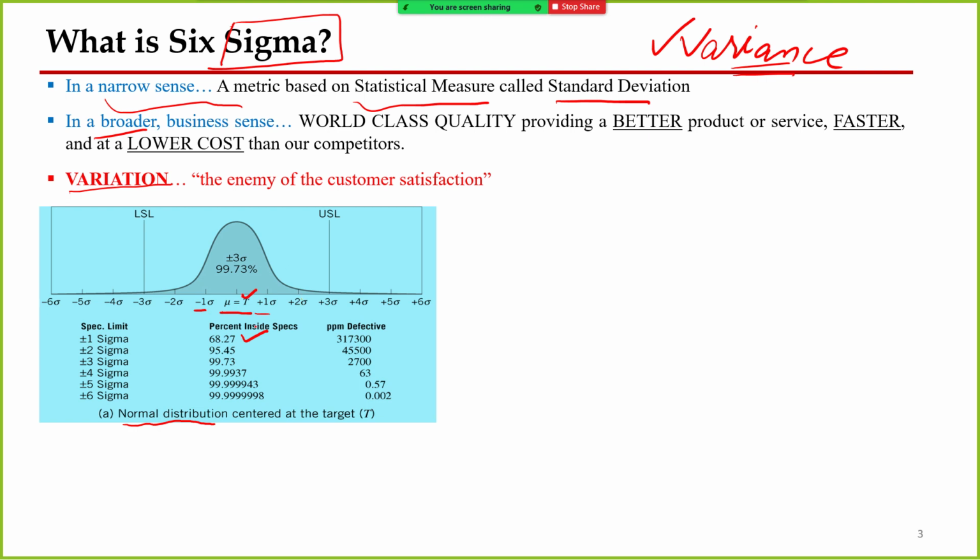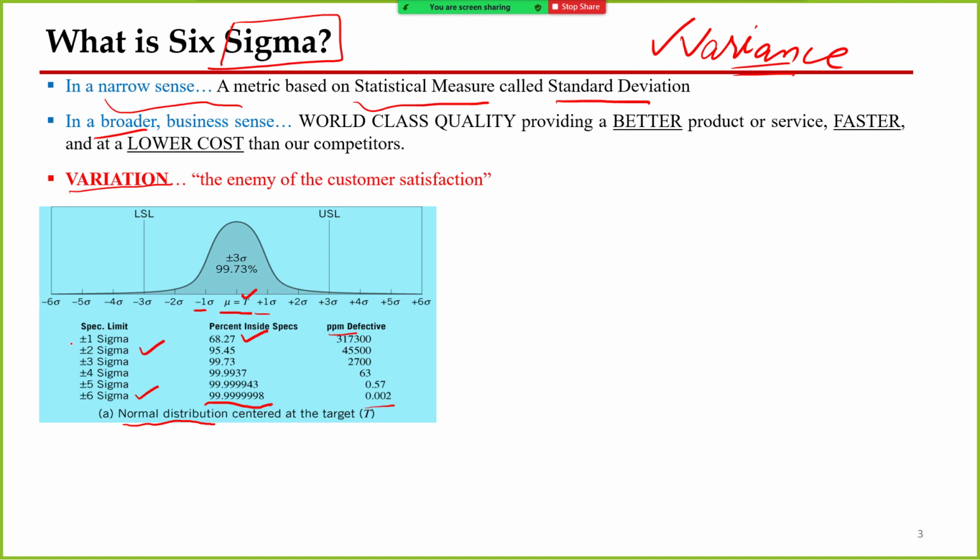If your process contains up to 2 sigma level variation, then your process will be able to produce 95.45%, and so on. If we talk about the 6 sigma perspective, that means your process would be able to produce 99.99...%, which means almost zero defects out of 1 million. This is ppm, which stands for parts per million.